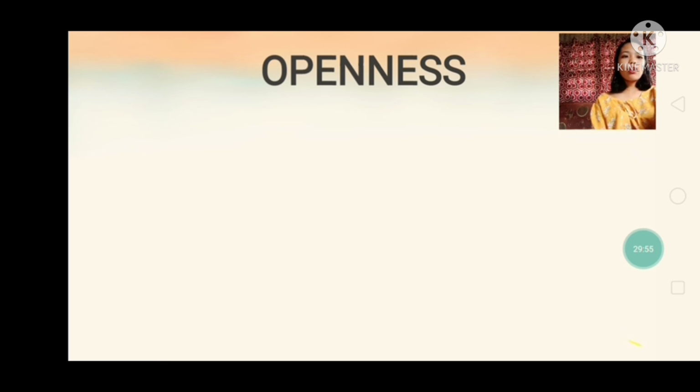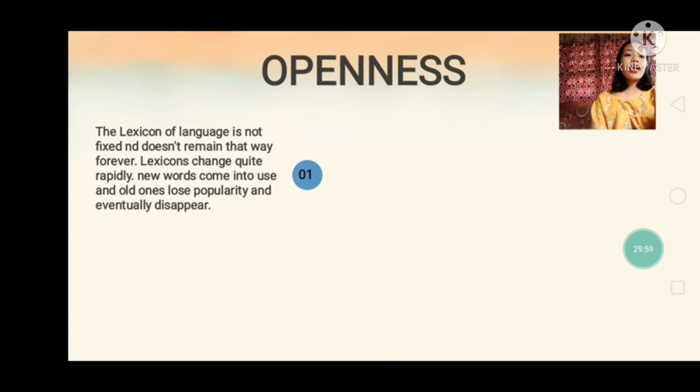So, the openness of lexicon. Number 1, the lexicon of a language is not fixed and doesn't remain the way forever. So, lexicon can change quite rapidly. New words come into use and old ones lose popularity and eventually disappear. Just like sa Filipino, 'di ba?